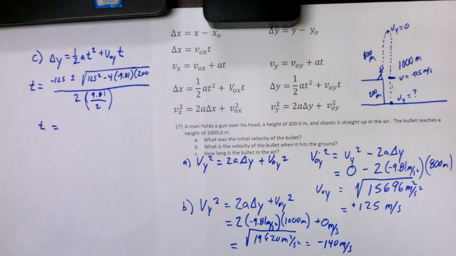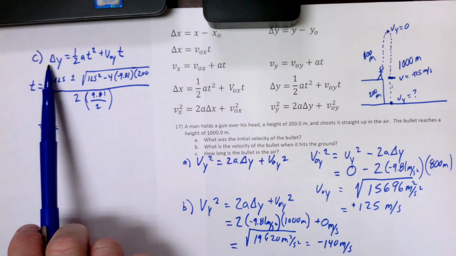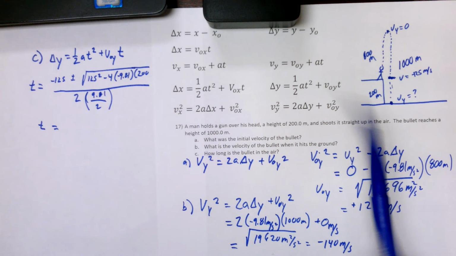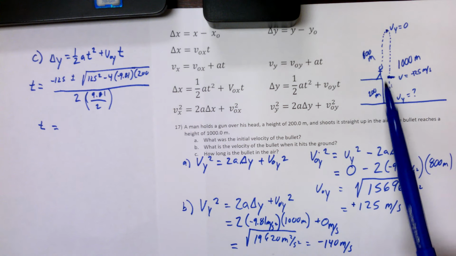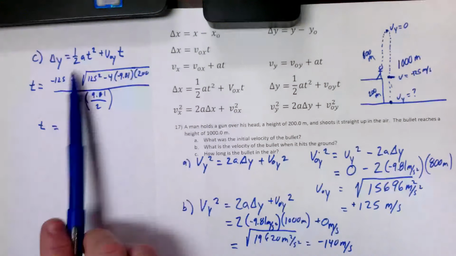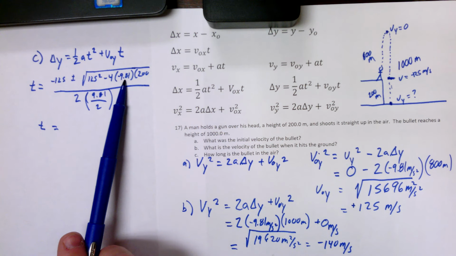Okay, so let that sink in a second. So where did these numbers come from? Well, my change in y over the whole motion was only 200 because it started here and finished 200 meters lower than it started. We already calculated the initial velocity was 125, and there's my acceleration due to gravity.